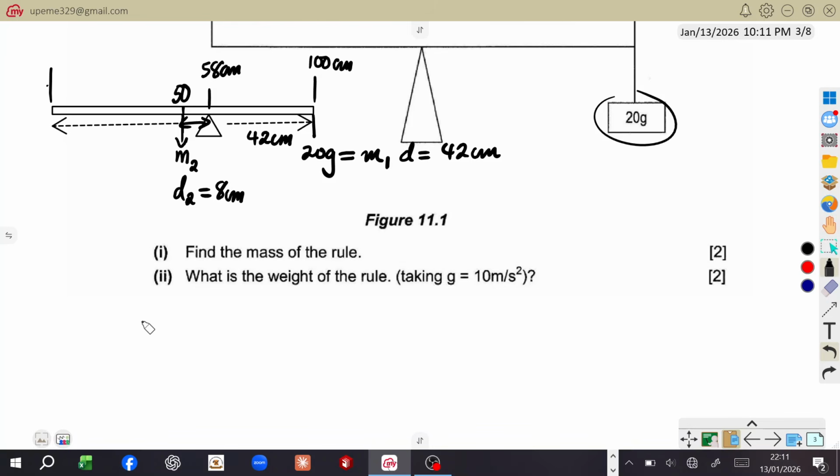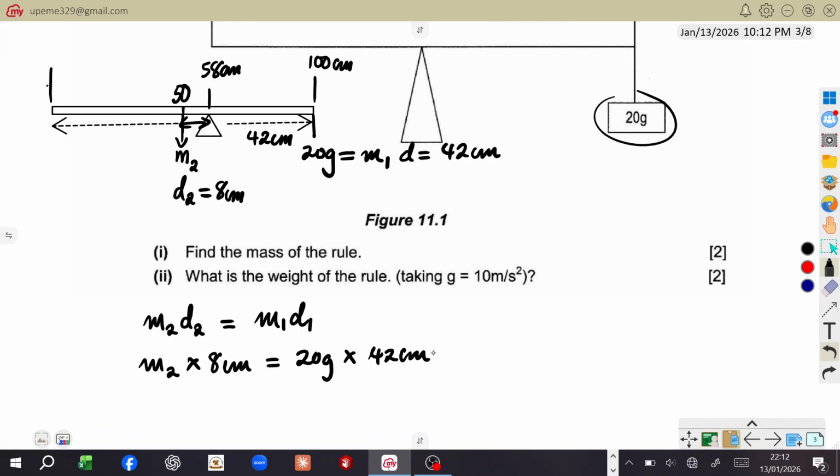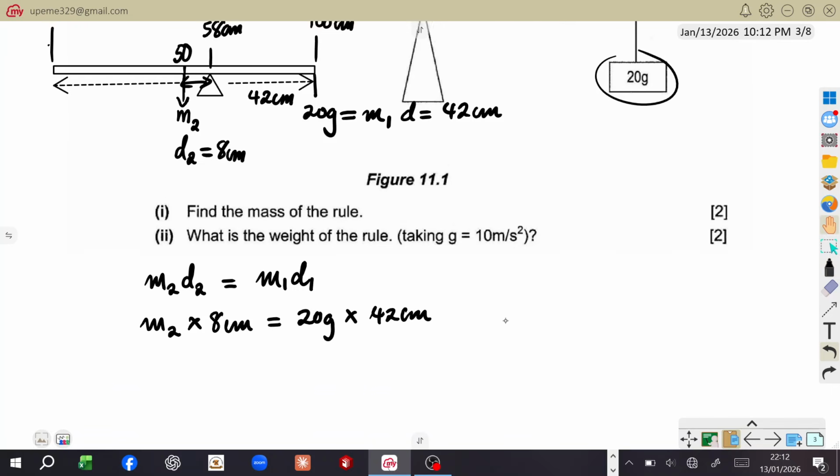So M2 D2 is equal to M1 D1. Substitute: M2 times D2, which is 8 centimeters, equals M1, that one, 20 grams, times D1, 42 centimeters.